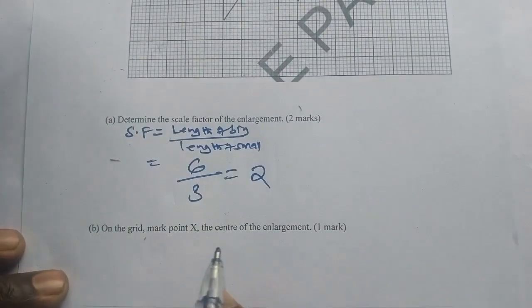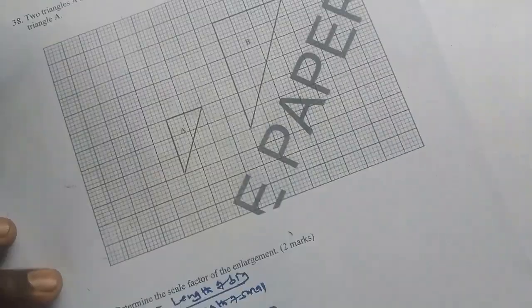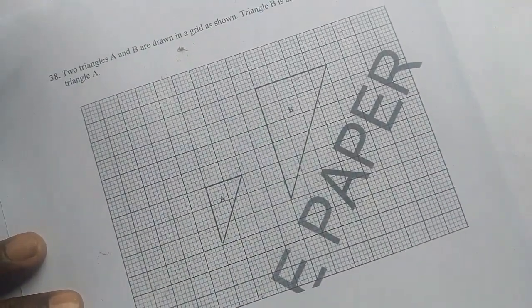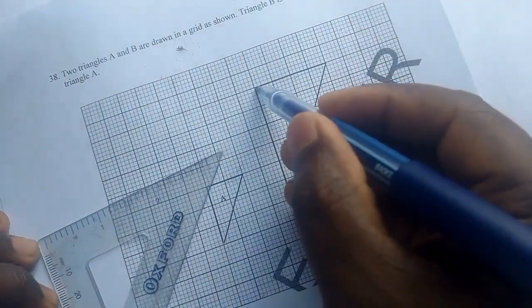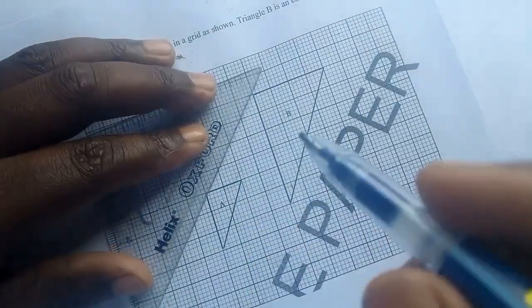On the grid, mark the point X, the center of enlargement. To get the center of enlargement, remember this point here is the same as this point. So you can use that, draw a line through that point.